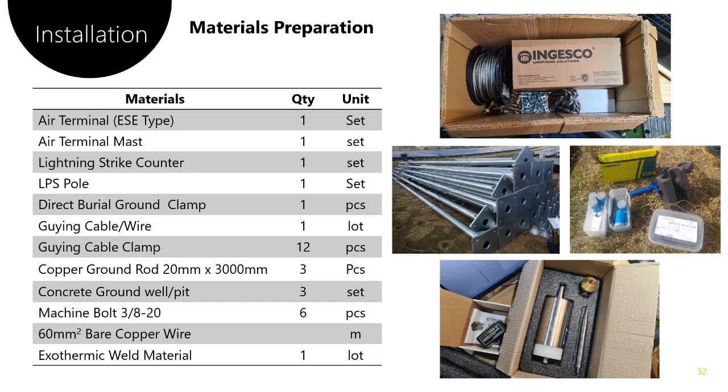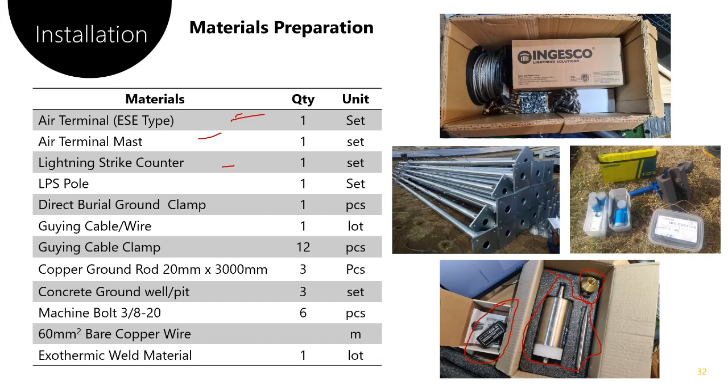If it is conventional or another type of lightning protection system, maybe we will be eliminating some of the items here. But we are talking here about the ESE type. So for an ESE type, you will be needing the air terminal. This portion is the air terminal, the mast, which is the mounting that will hold the air terminal, and the down conductor, that's the purpose of our mast, and the lightning strike counter.